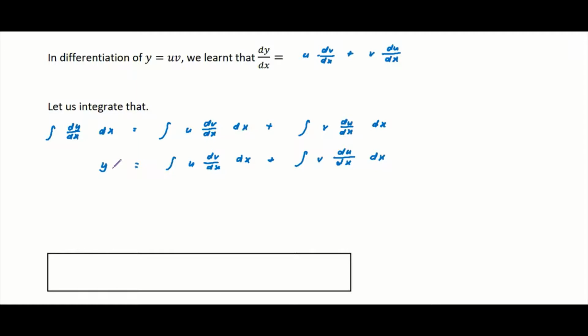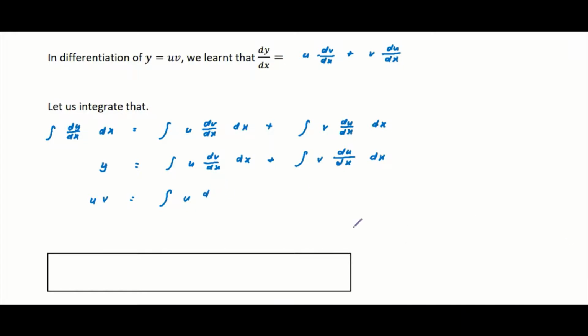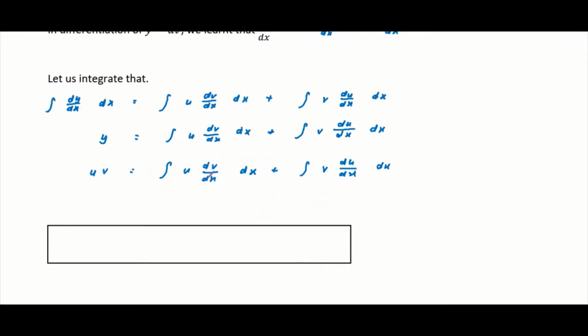I have a y here, so is there anything I can substitute for y? We know that y equals uv. So uv equals the integral of u dv/dx dx plus the integral of v du/dx dx. Now let's try to rearrange this, because we want to get something like the integral of a product of two simple functions. So that's why we try to exchange the places of this and this.